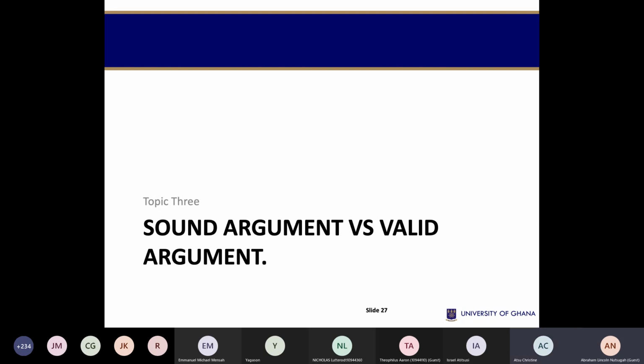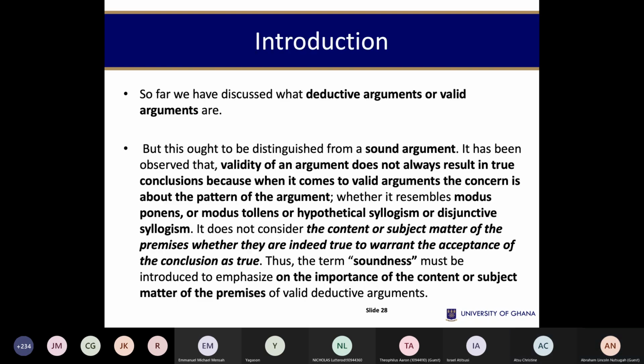The last one is what we call sound arguments. It is very possible to have an argument that is valid, but the premises of that argument may not be true in real life. So we introduce the term soundness, to place emphasis on the premises, whether the premises are true.